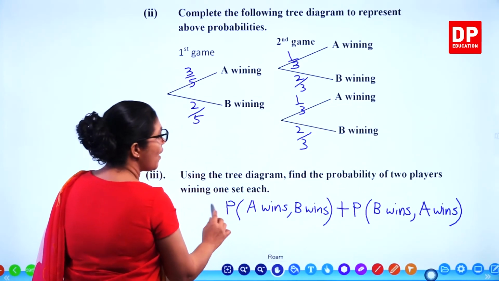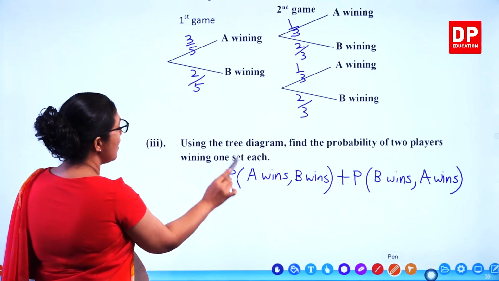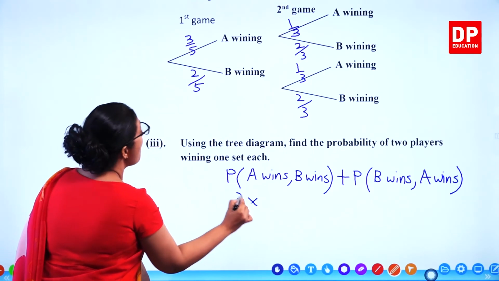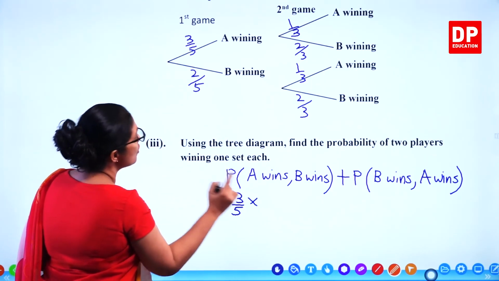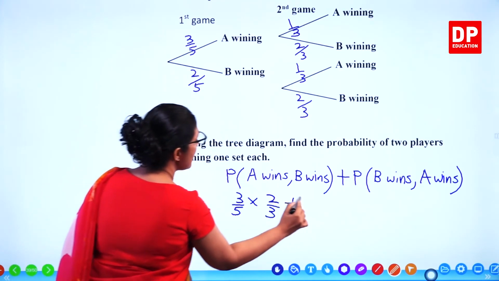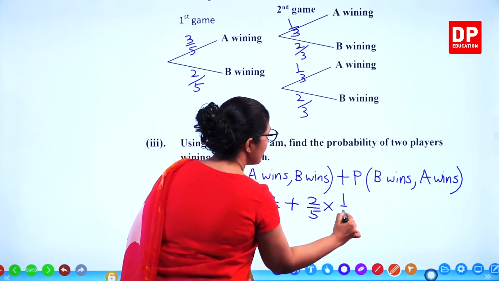Now, how do we find out the probability? You have to select the path. So, here A wins, that means 3/5. B wins 2/3, plus B wins for the first time, that's 2/5, and A wins, that's 1/3.